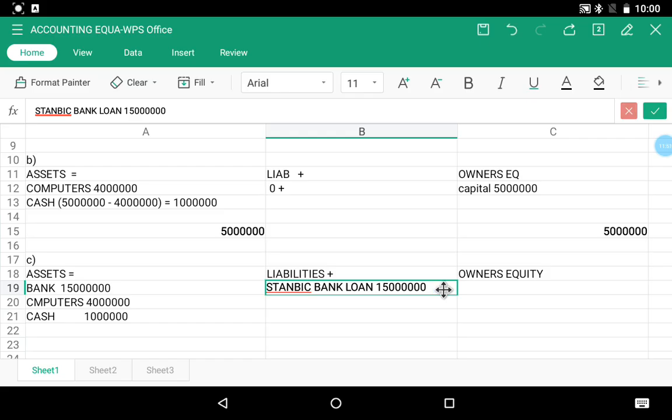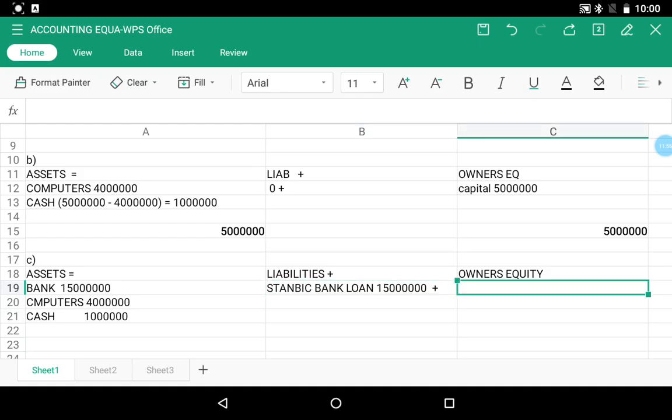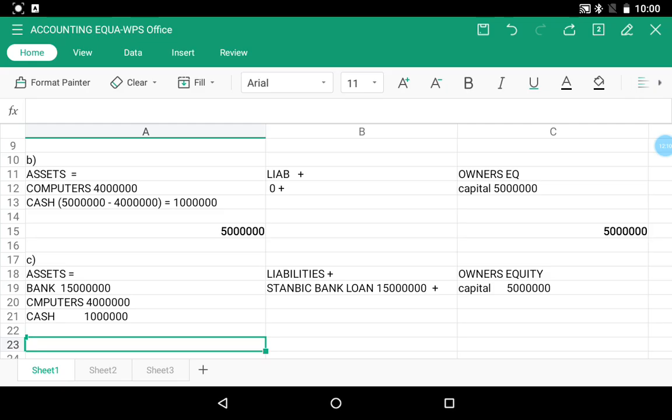We don't have any other liability, so we shall add, following our equation, owner's equity. But remember, under owner's equity, we still have capital of 5 million. Then here we are adding. Let's first add this side of assets. Assets, we have bank loan 15 million, computers 4 million, those are 19 million plus 1 million.